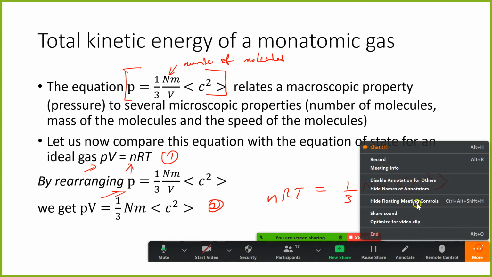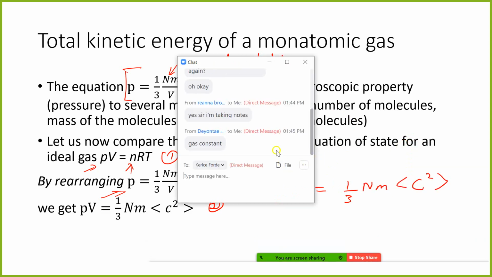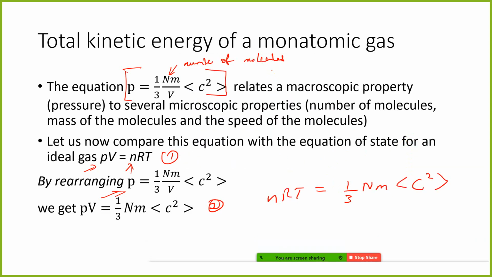Yes, the molar gas constant, and I think that value is given to you. 8.31, I believe. And by the way, if you're going to work questions of this nature, ensure that your temperature has to be in kelvins. So that capital T is basically temperature in kelvins.